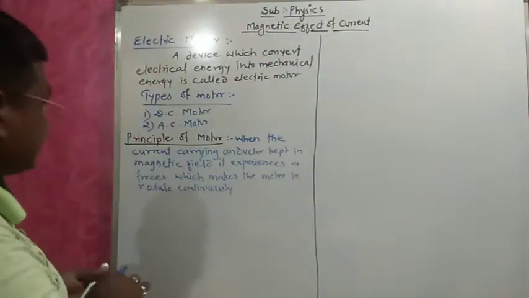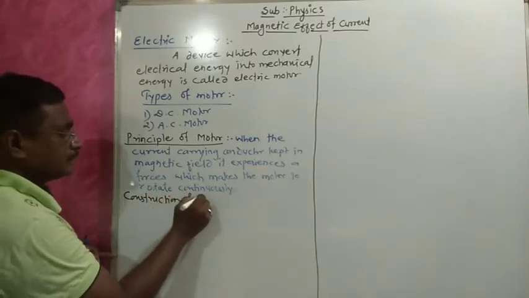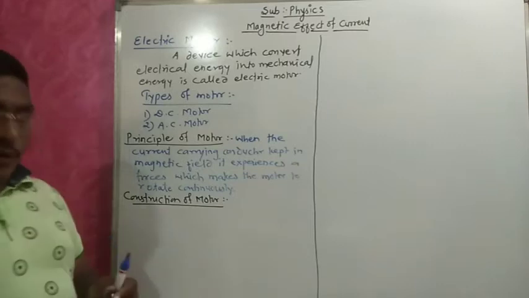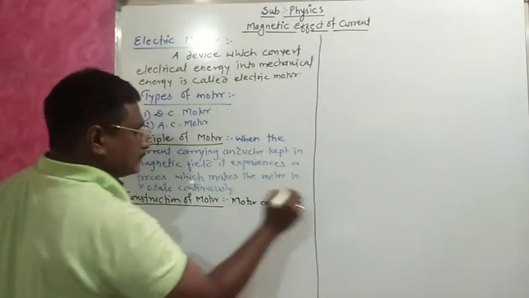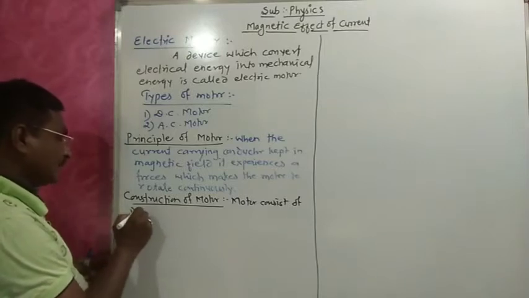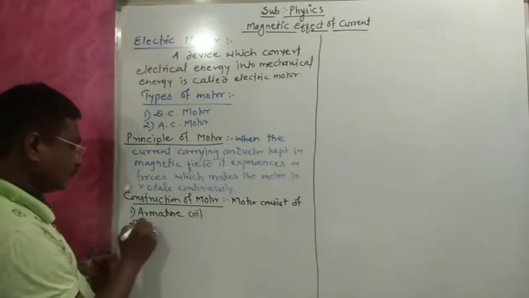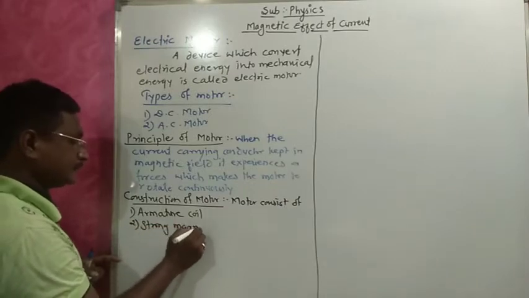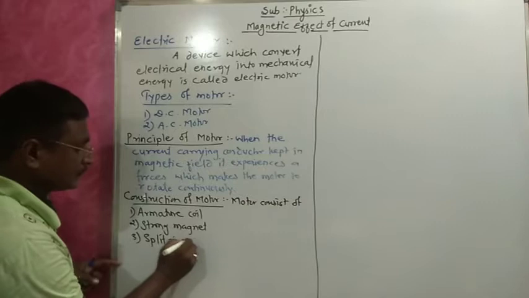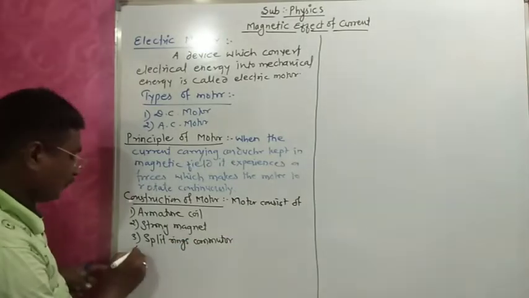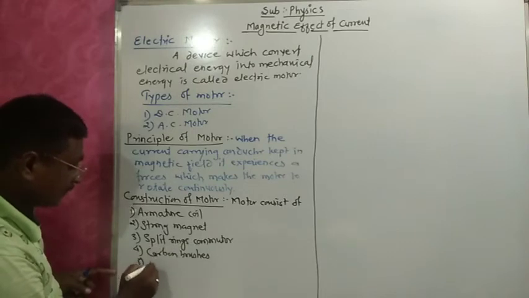Now the construction of motor. The motor consists of number 1, armature coil; number 2, strong magnet; number 3, split ring commutator; fourth, carbon brushes; and fifth, battery.